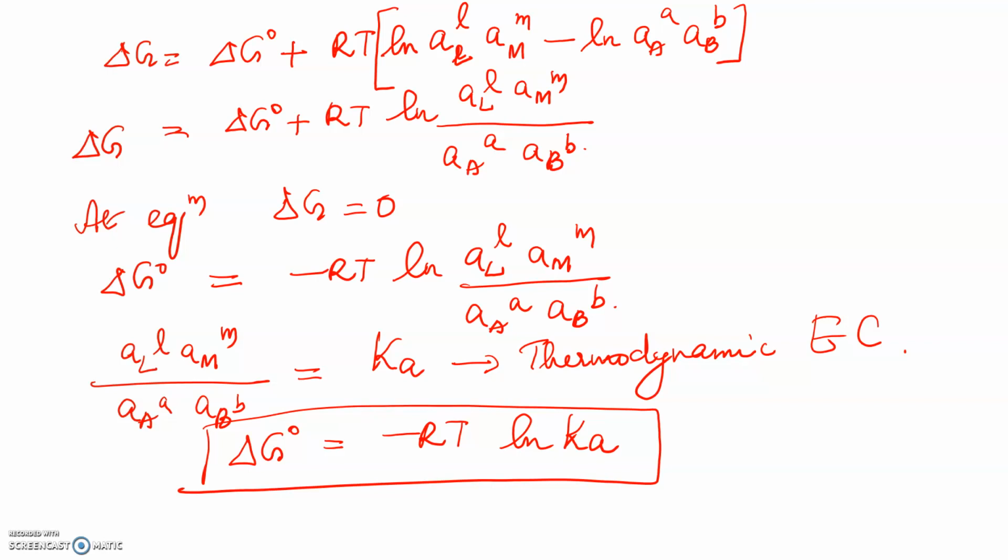We know that activity A can be represented in terms of partial pressure. In that case, Ai is equal to gamma i into Pi.